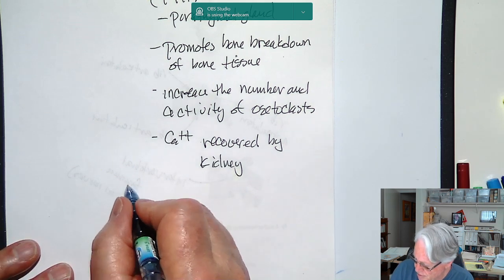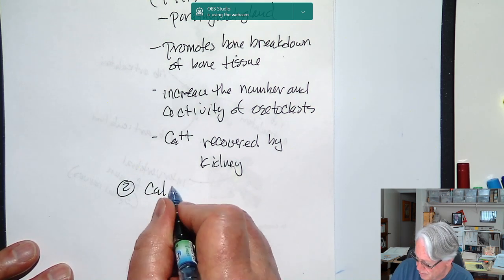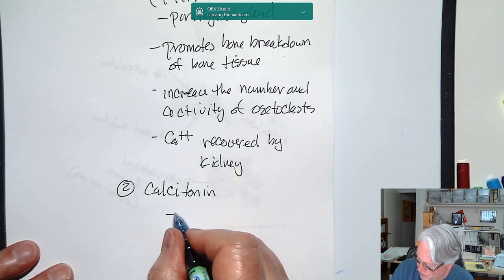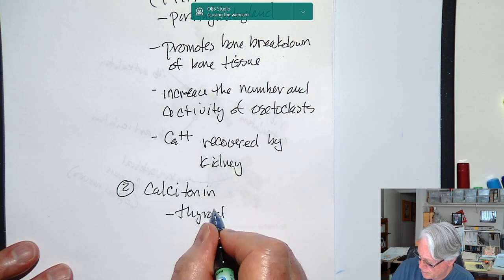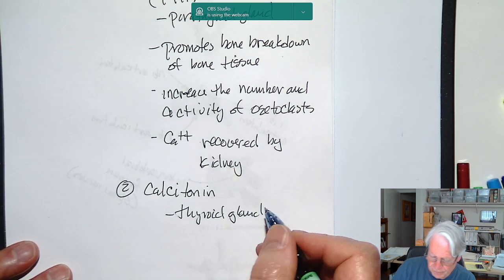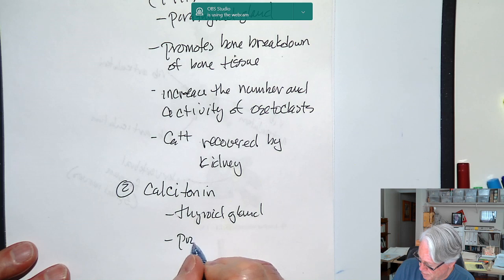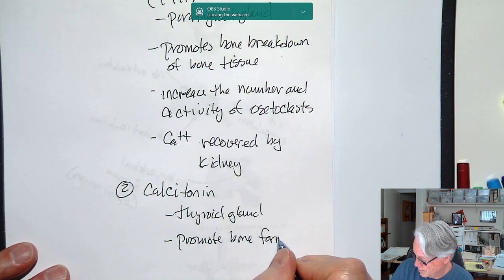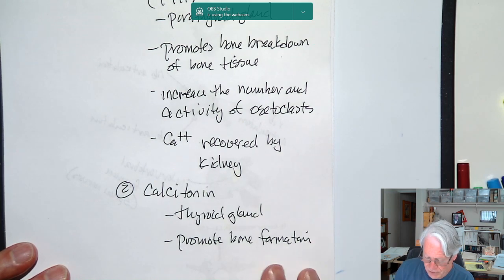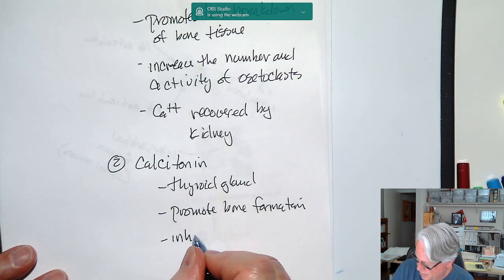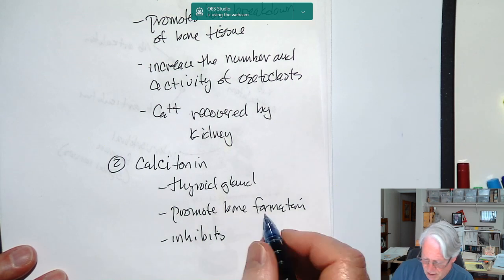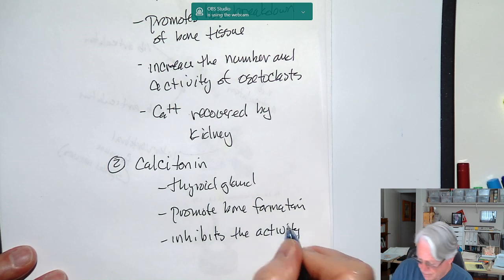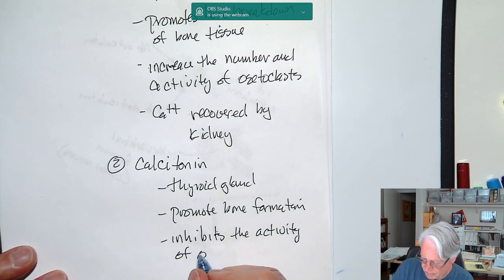Okay. The other hormone is calcitonin. And this is coming from the thyroid gland. And this is going to promote bone formation by inhibiting the activity of osteoclasts.